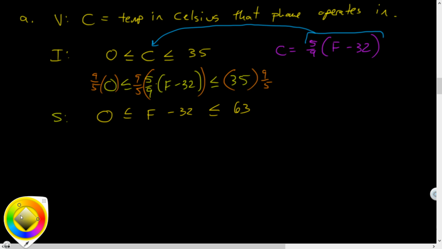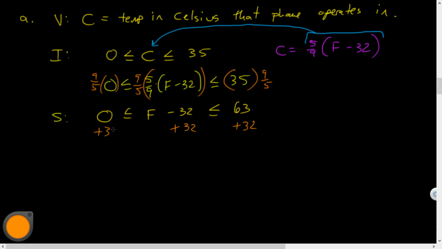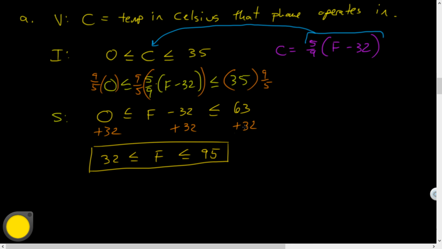And now I would just have to add 32 to both sides to get F by itself. Or all 3 sides in this case. So 32 is less than or equal to F is less than or equal to 95 is the range of solutions.